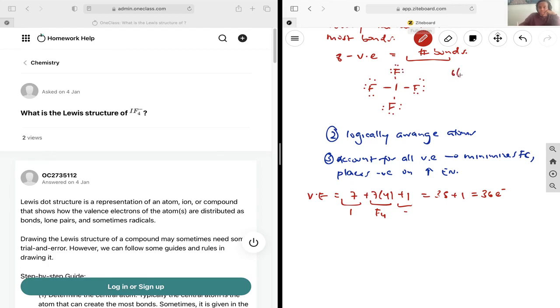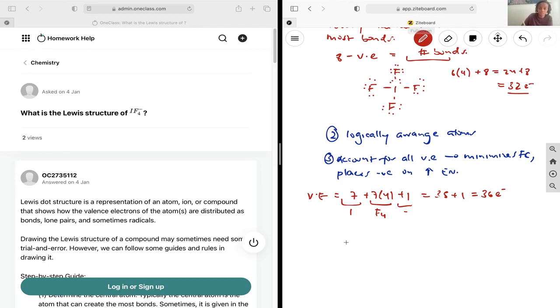So we have 6 by 4, because 6 on each of the fluorines, plus the 8 electrons that are in the bonds. And that is going to give us 24 plus 8, which is going to give us 32 electrons. We have 36 electrons, which means we're going to have a remaining 4 electrons. The best place to place them is going to be on our central atom. Let's go about doing that. And so that is going to give us a structure that looks like this.